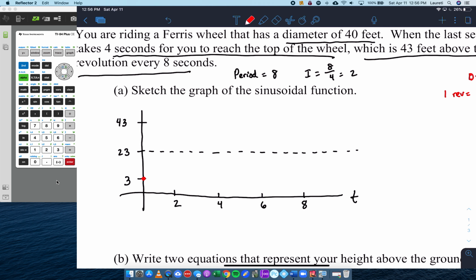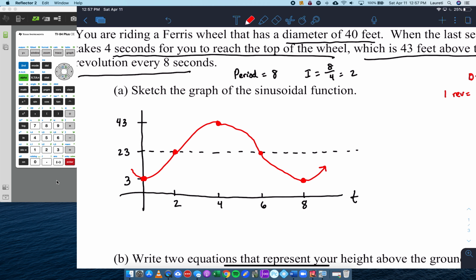You're getting on the lowest seat at 0 seconds. After 2 seconds, you're in the middle. After 4 seconds, you're all the way up to the top. After 6, you're back to the middle. And after 8, you're back to the bottom. So this is the curve that you're talking about. That's one cycle for the function.